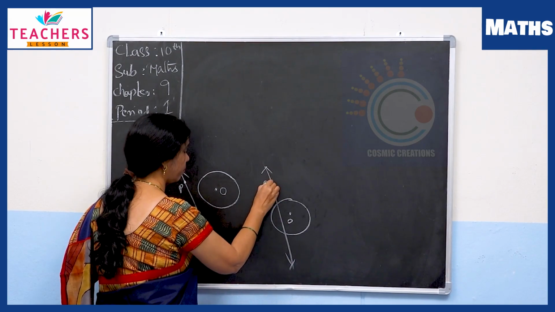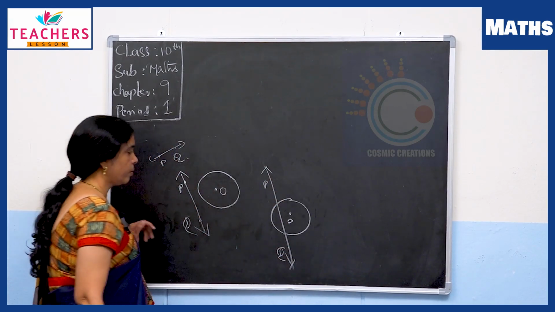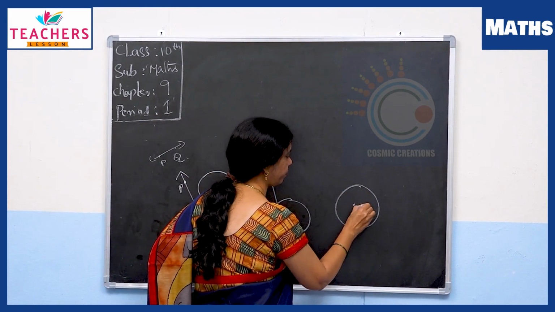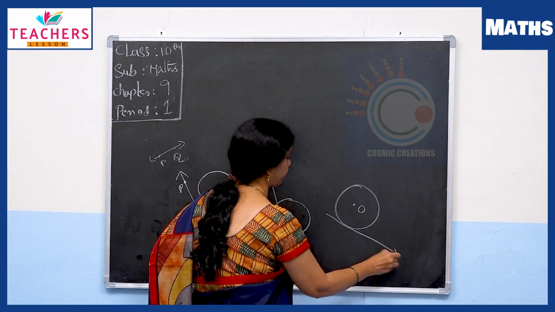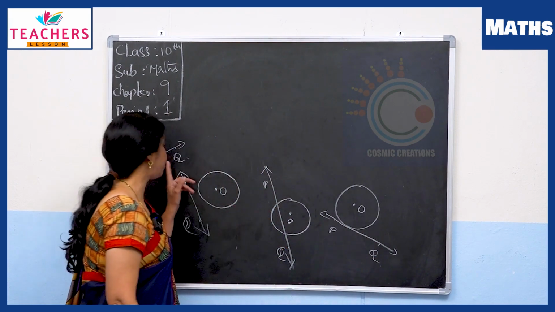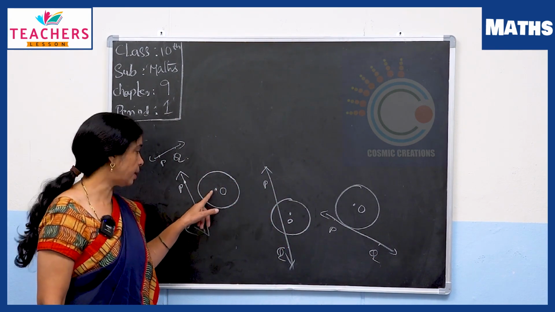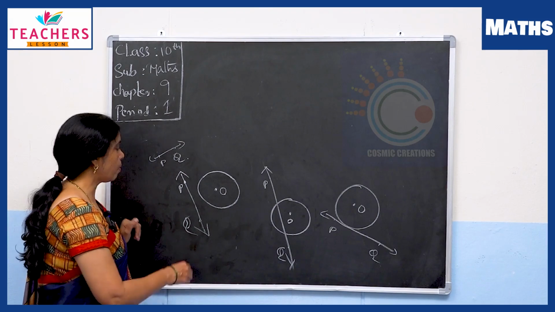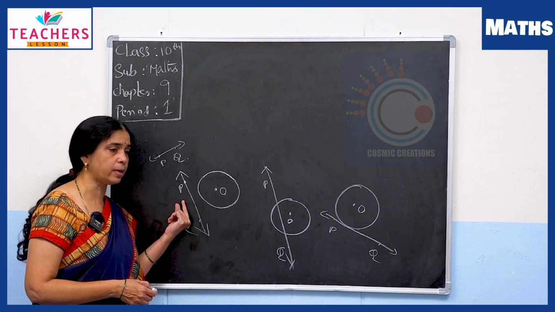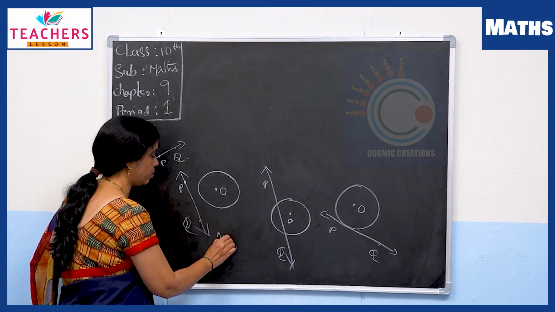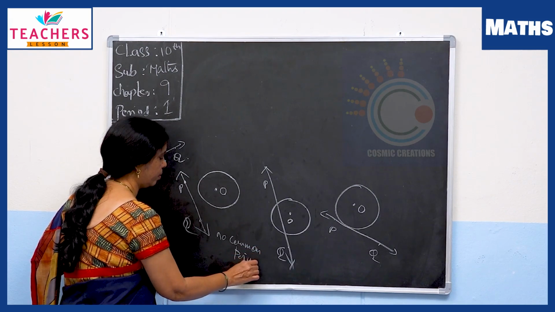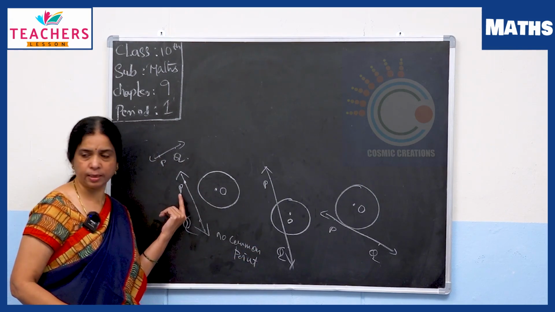The line is PQ, and the circle is with center O. Now, is there any common point between these two, the circle and the line? No common point. So there is no relation between these two.